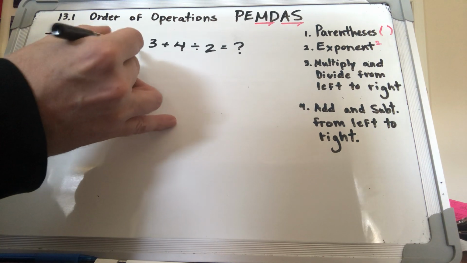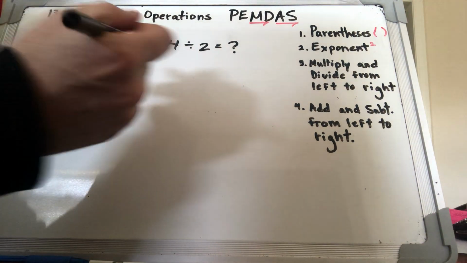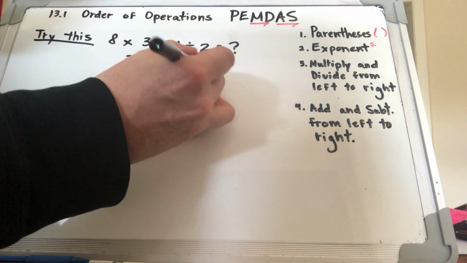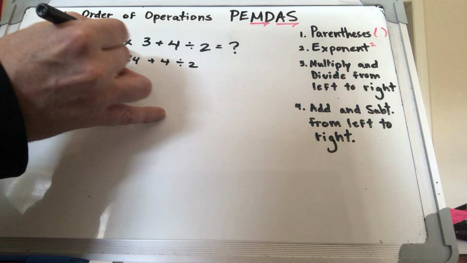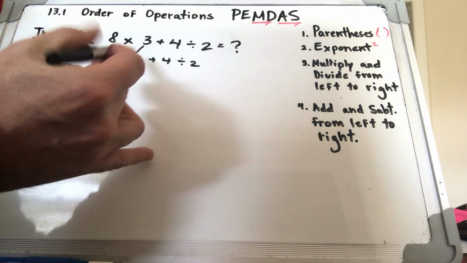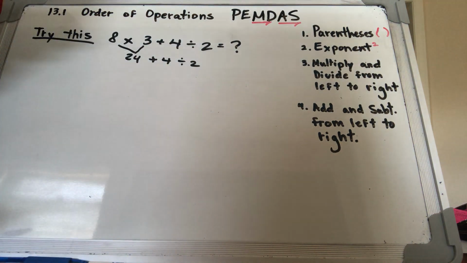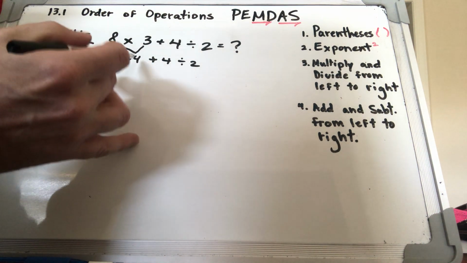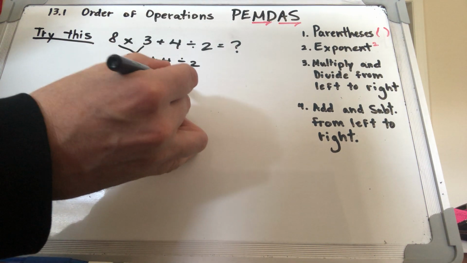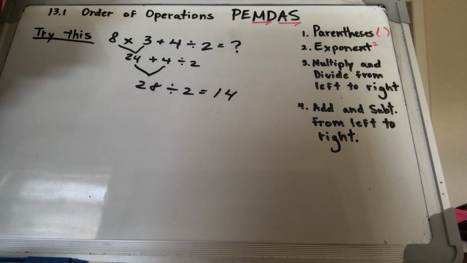8 times 3 is 24, plus that 4 divided by 2. Okay, so I just turned the 8 times 3 into 24 there. Now I would do 24 plus 4, which is 28, and then I have divided by 2, and that would equal 14.